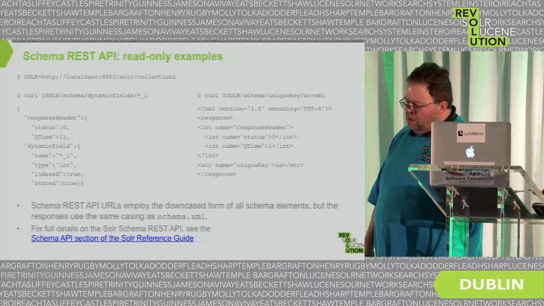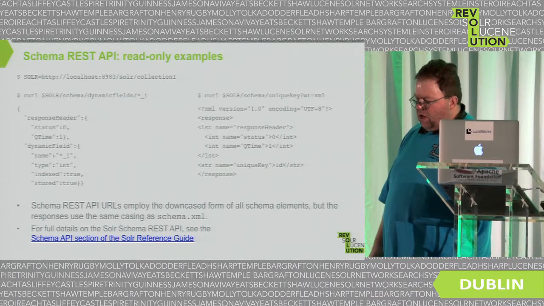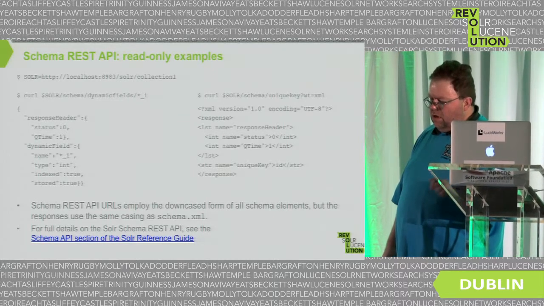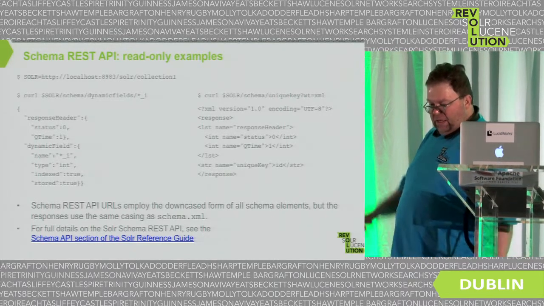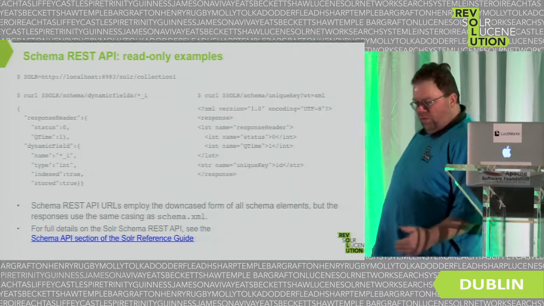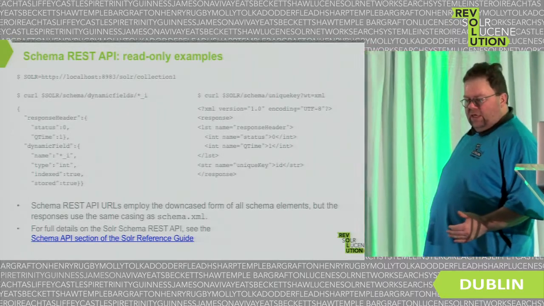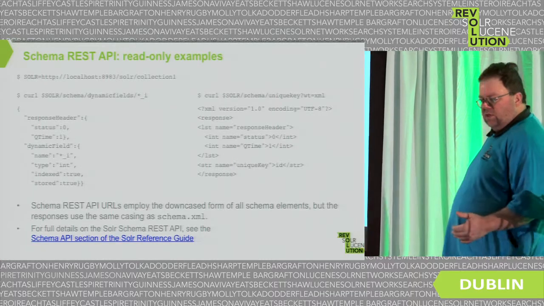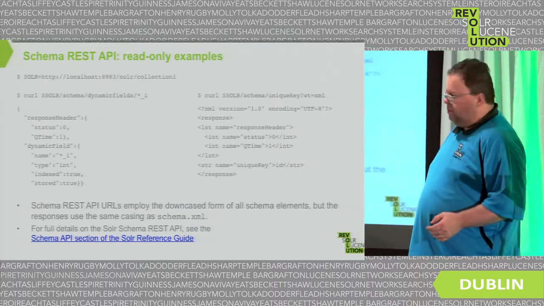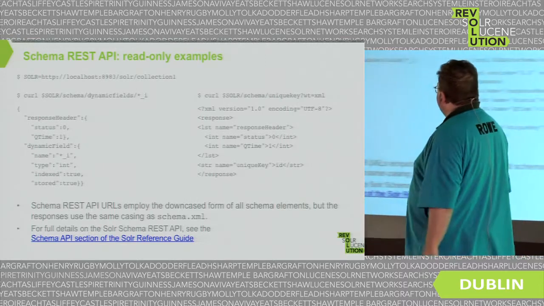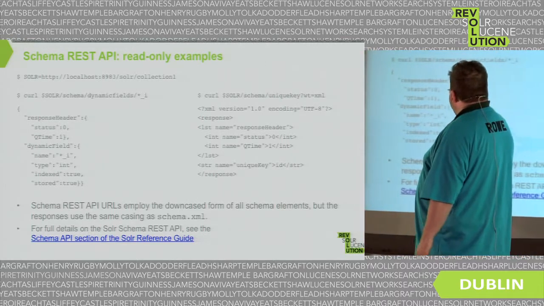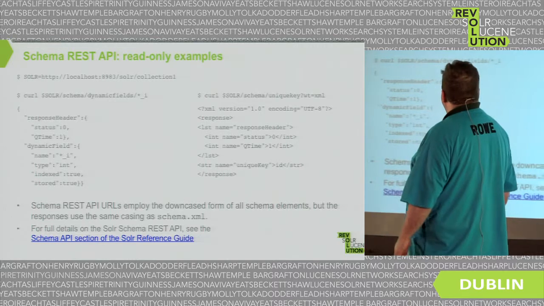So here's a couple of examples of things that the read-only API can do. If you request the *_i dynamic field, you get this response by default in JSON, as I said before, where it tells you the name, type, indexed, and stored.